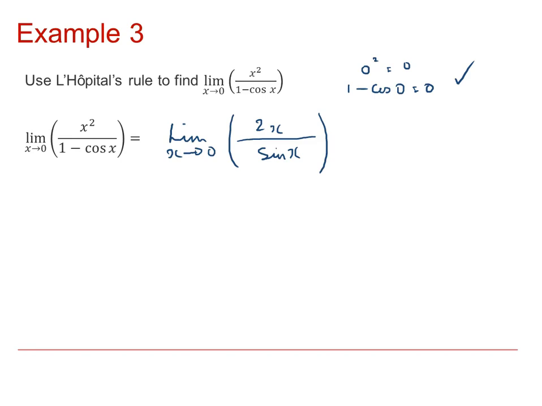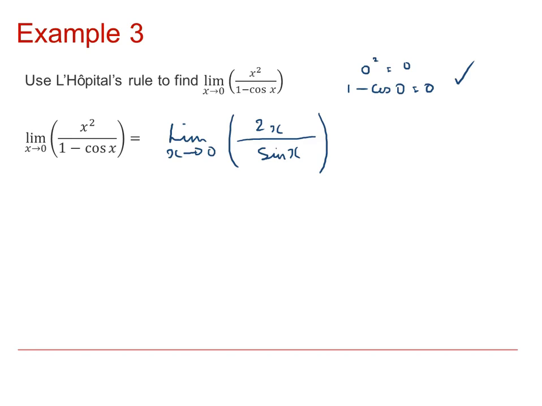Now if we look here, we can see that if we put 0 into the numerator, then we get 0, and also into the denominator. So we've still got something which we can't actually evaluate correctly. But we can apply L'Hopital's rule again, because we've got a situation where we've got two functions again, both equal to 0 when x equals 0.